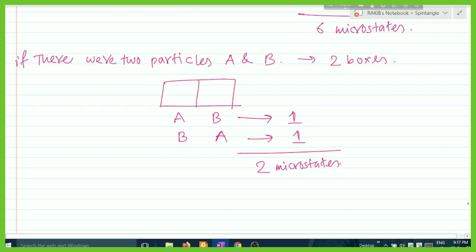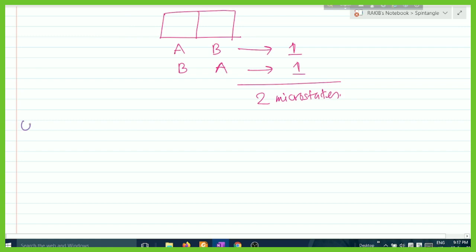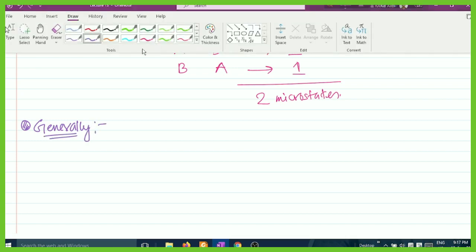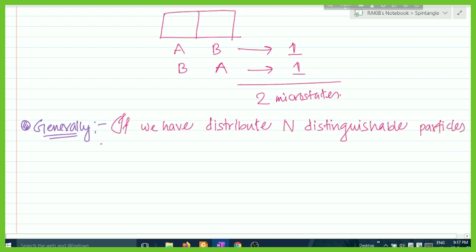So what we can see from this, generalizing the fact, I am writing this generally: if we have to distribute n distinguishable particles, then the number of microstates will be equal to n factorial ways.